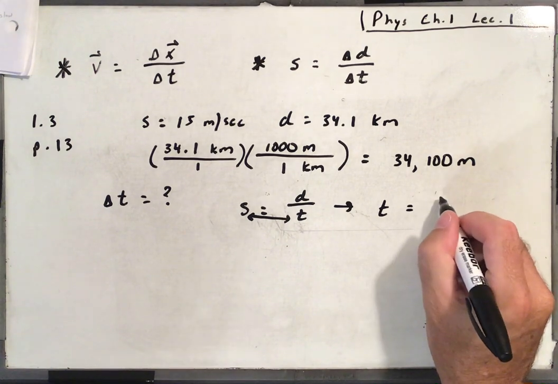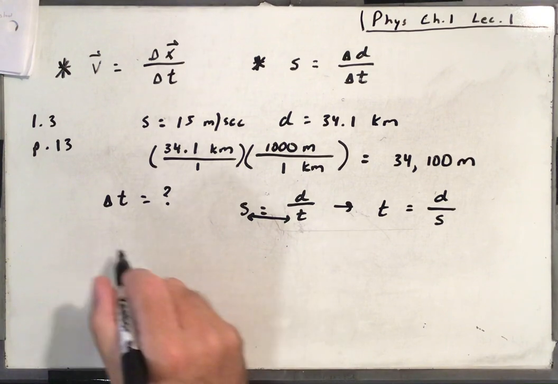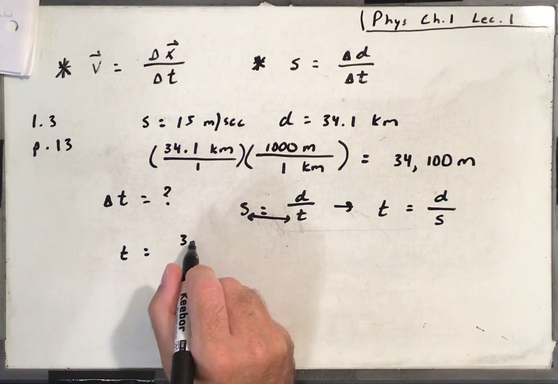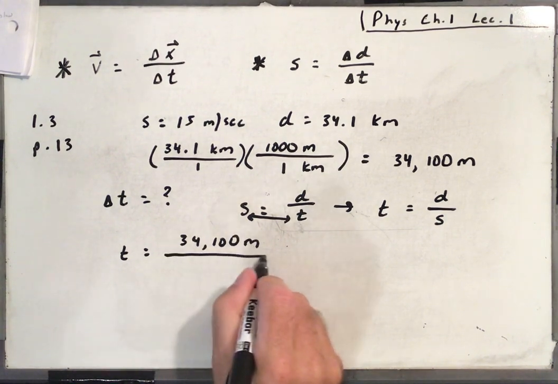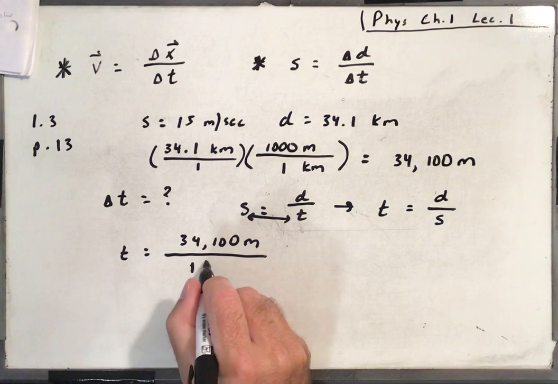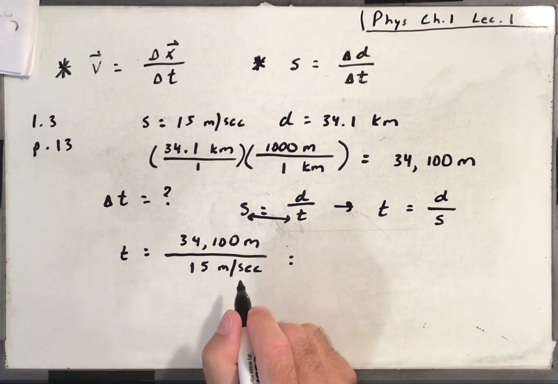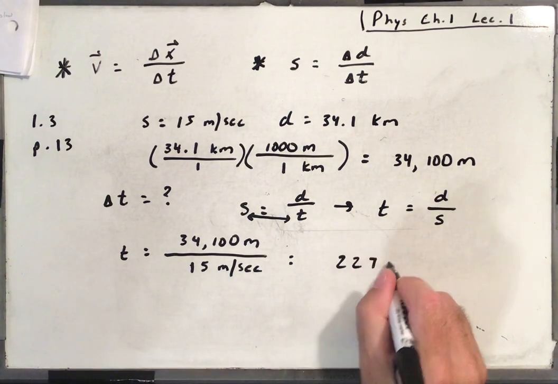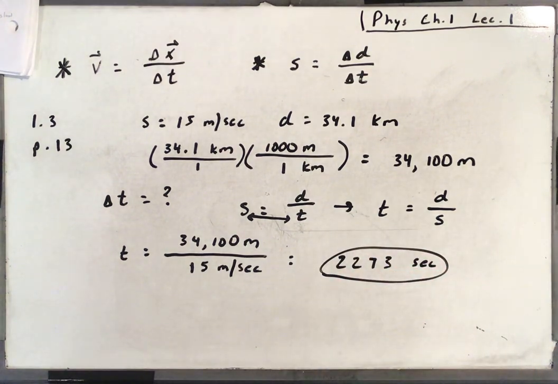Time is distance over speed. So time is going to be 34,100 meters over 15 meters per second. So how long did it take? It took 2,273 seconds. All right, beautiful.